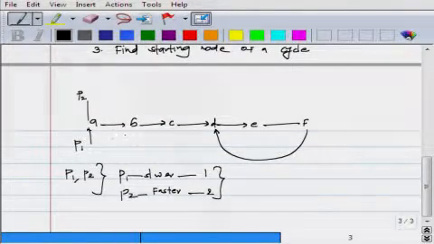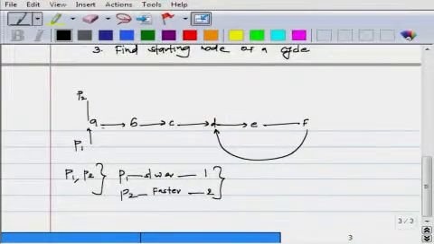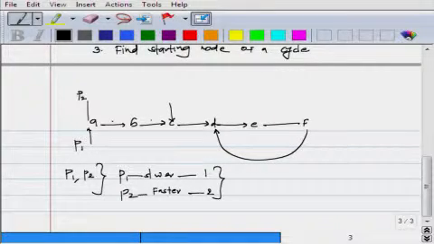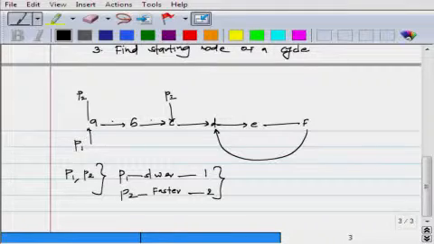So P2 is pointing to this node, am I right? And P1 will be at B, am I right?